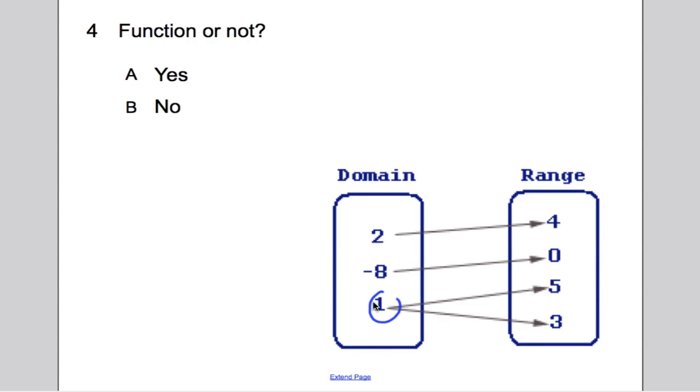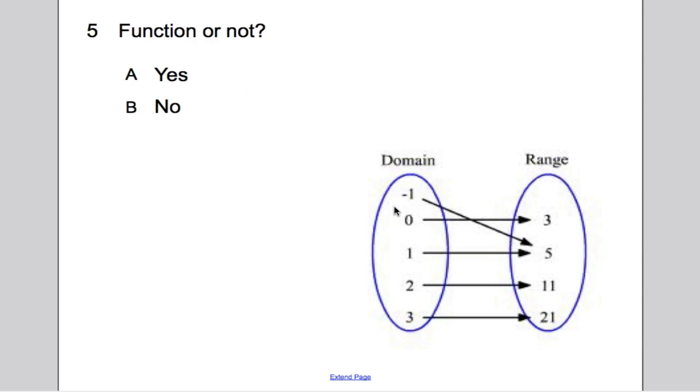Here, that one is going to many places, so it's 1 to many, so it is not a function. Here, for every single x we look at, it's going to one number answer out, so it is, in this case, -1 and 1 are both going to 5, so it's many to 1, but that's fine. Many to 1s are functions.